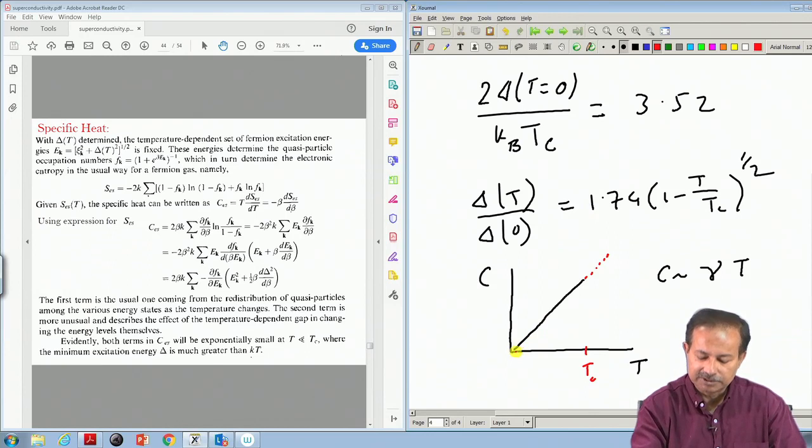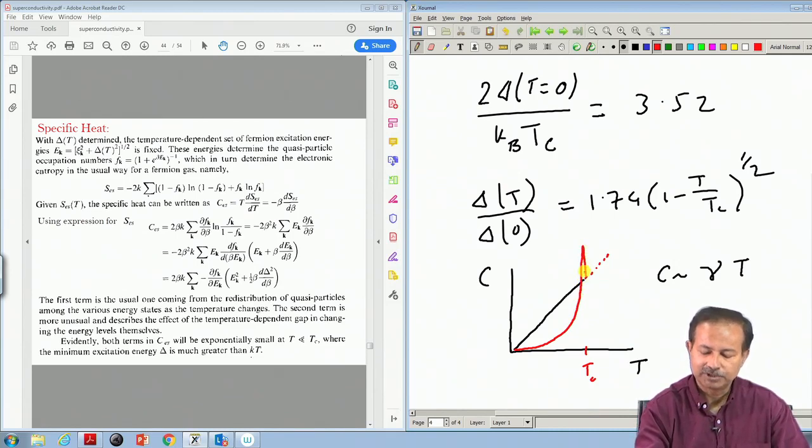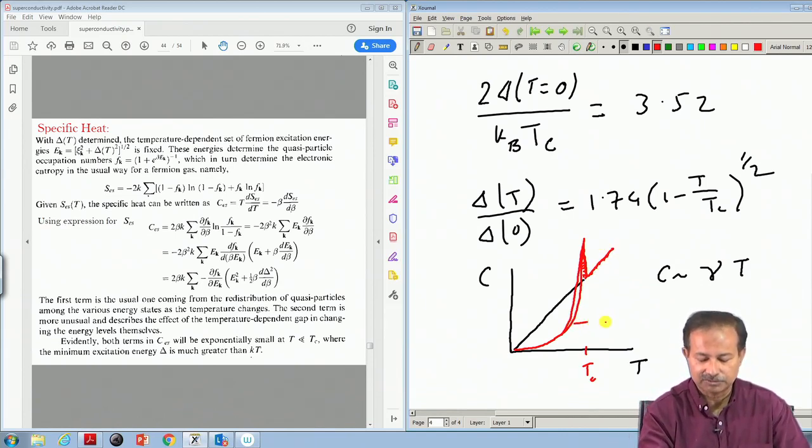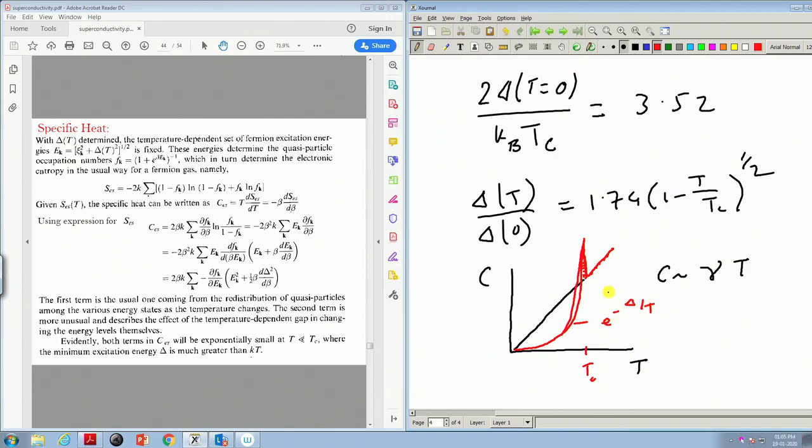So, that means it will get depressed below the usual value, somewhere it has to come down below the usual value, but you cannot lose your entropy. So, entropy has to come up and peak somewhere here; whatever you lost here should be gained somewhere here. So, this should be the nature of the entropy curve, and this should be exponentially down. It will be minus delta by T or some such thing. I mean, that is a guess one can immediately make.